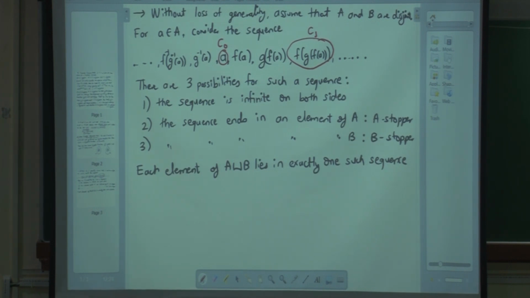F inverse of G inverse of F inverse of C1. Right? So therefore, by injectivity of F, G and the restricted functions F inverse and G inverse, this is an equivalence relation.